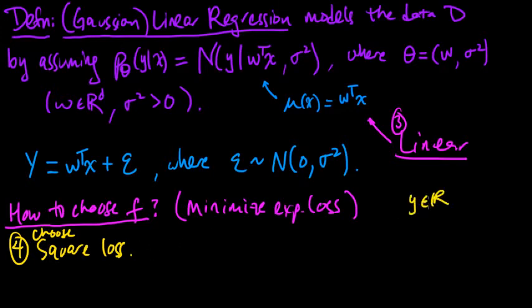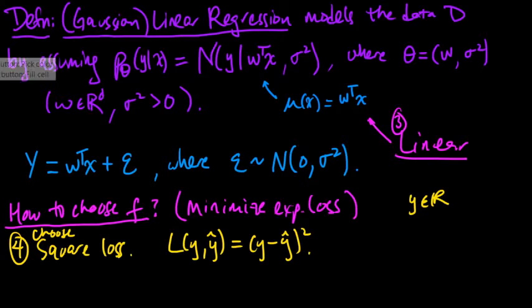So the y's are real valued, and we talked about why square loss is a nice natural choice in that case. Remember, square loss is this function L, and it's the square of the difference between your prediction and the true value of y. That's the square loss. And how do we get f from the square loss?